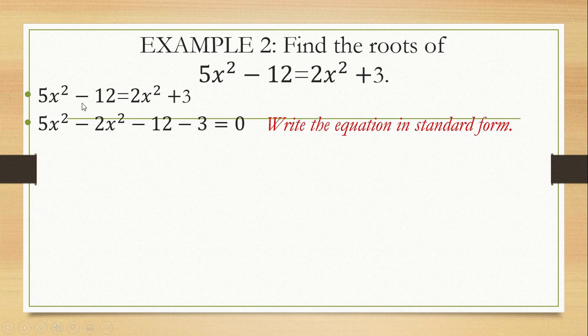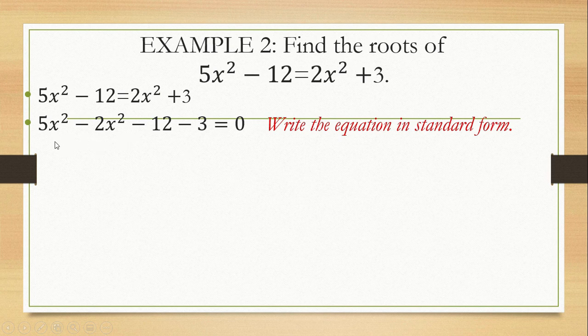So from this given equation, we now have 5x squared minus 2x squared minus 12 minus 3 equals 0. So we transpose all of these terms from one side to the other side.